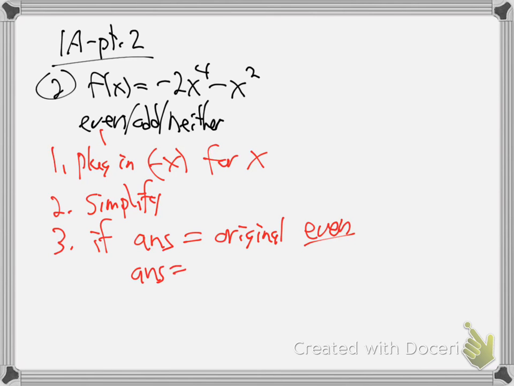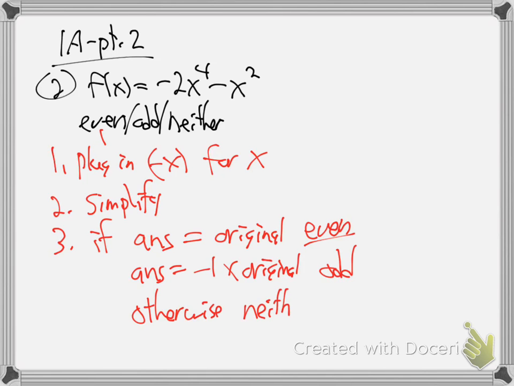If the answer equals negative 1 times the original, it's odd, otherwise neither. So you plug in parentheses negative x for the original x, simplify it, and then see, does the simplified answer equal the original? That's even. Is it negative 1 times the original? That's odd. Otherwise, it's neither. So you can put that in your full sheet of notes for the final exam.